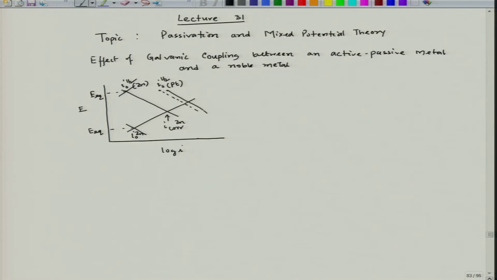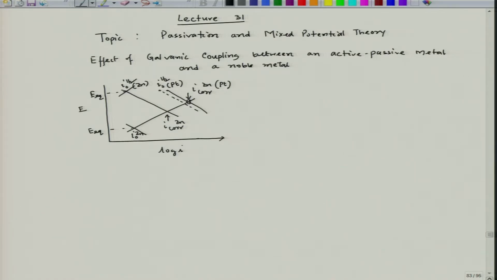It is a parallel line because it is in a log scale. Now, this point becomes my I corr of zinc when it is galvanically connected to platinum of equal area. So, that is why the corrosion rate increases.